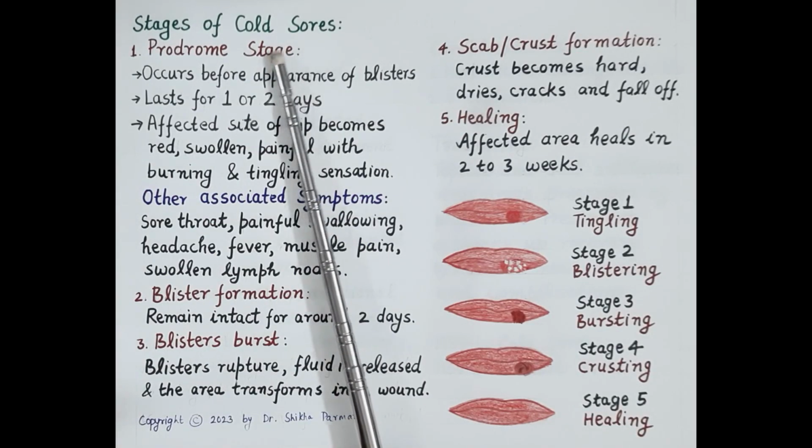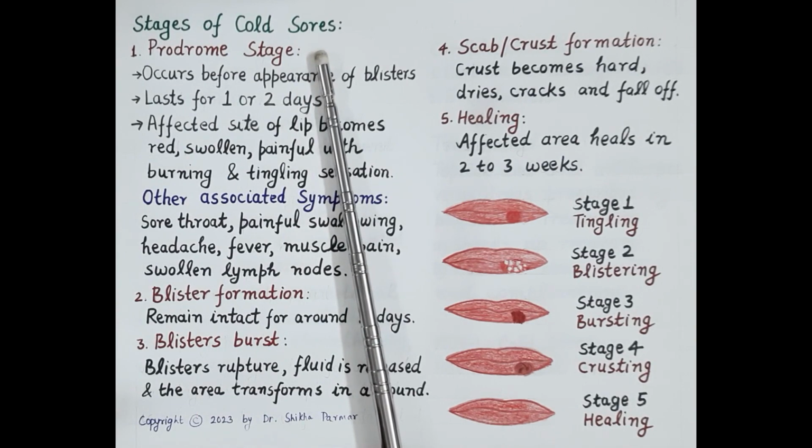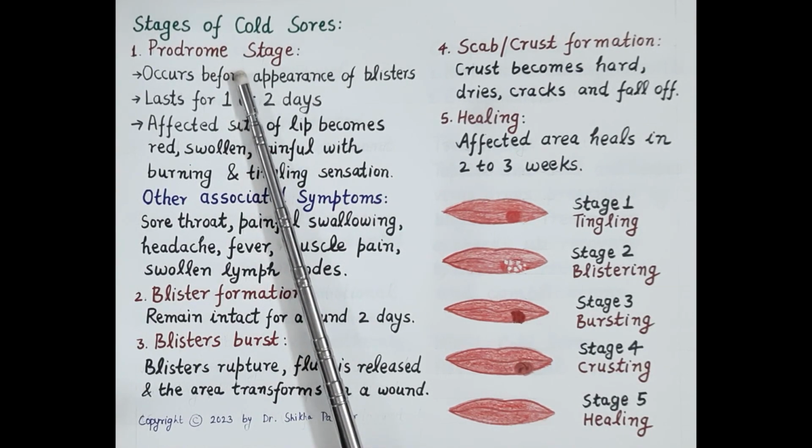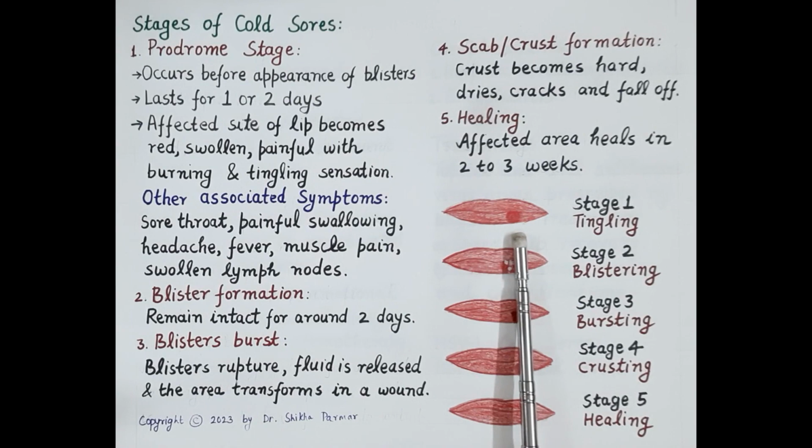Now let's understand the stages of cold sores, that is how the disease is manifested, its symptoms, what happens before the appearance of cold sores and how they heal. The first stage is the prodrome stage. This stage occurs before the appearance of blisters. One or two days before the appearance of cold sore blisters, the affected site of the lip becomes red, swollen, painful.